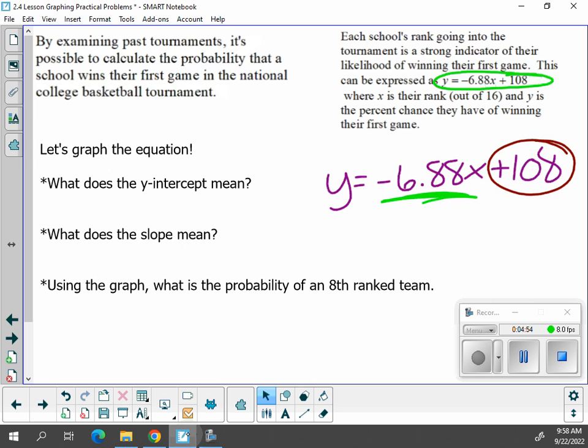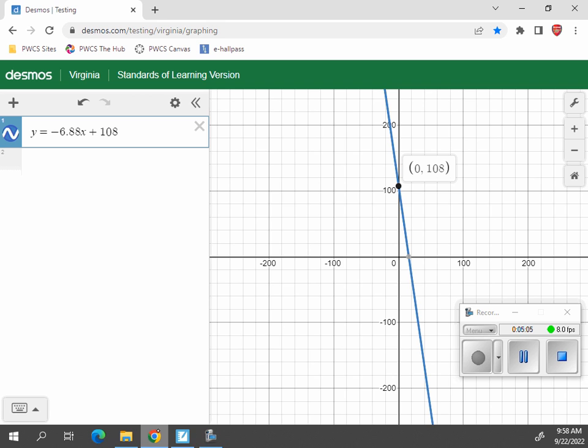In this scenario, we're being told that x is the rank. And so if we want to interpret or explain what the y-intercept means, it means if we have a rank of 0, then we would expect to have a 108% probability of winning the game.